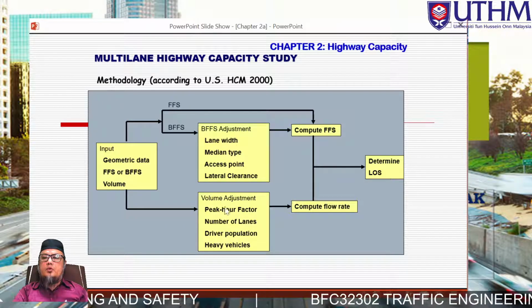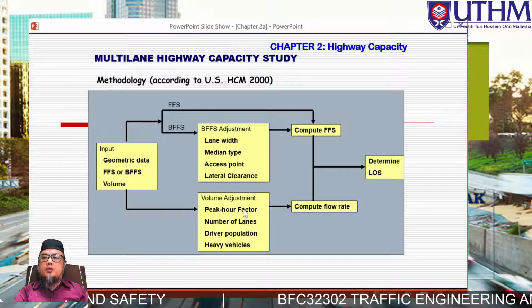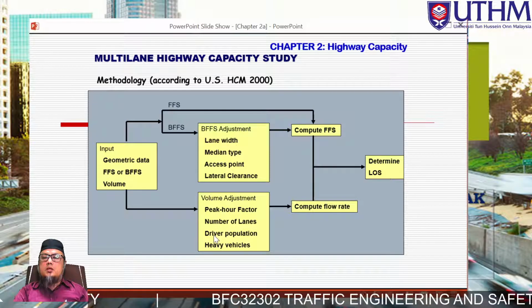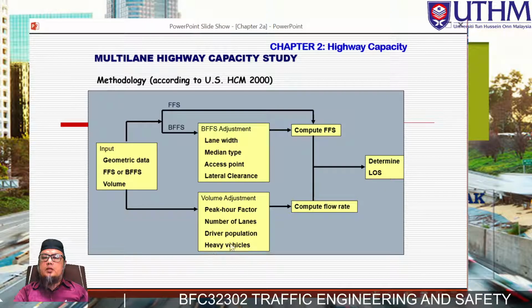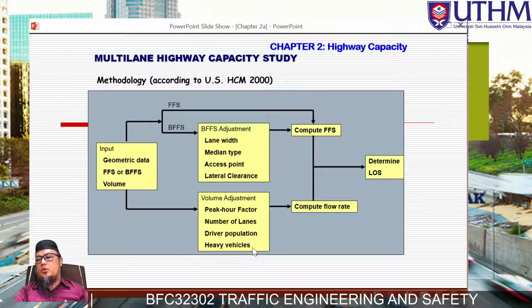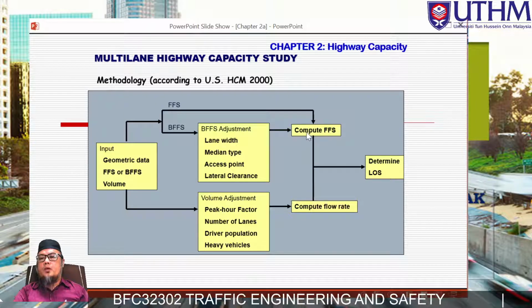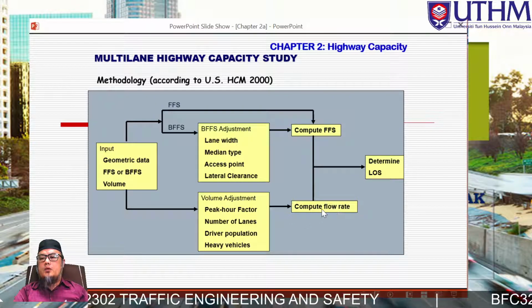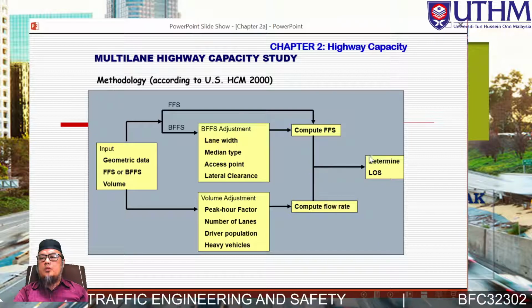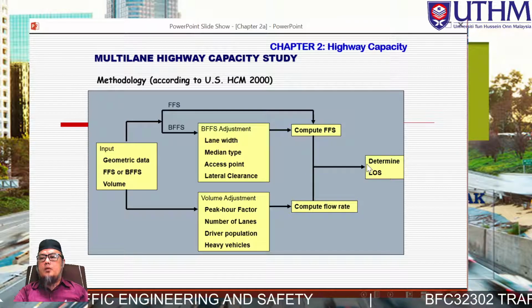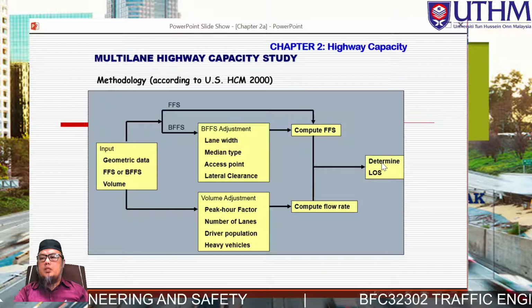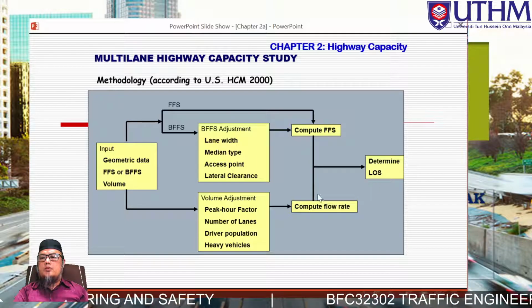And from the volume, we adjust in terms of PHF, number of lanes, driver population, and heavy vehicle percentage. Then from here, we can calculate free flow speed. Then from here, we can calculate flow rate. After that, we determine level of service from density. We can refer to density to determine level of service.